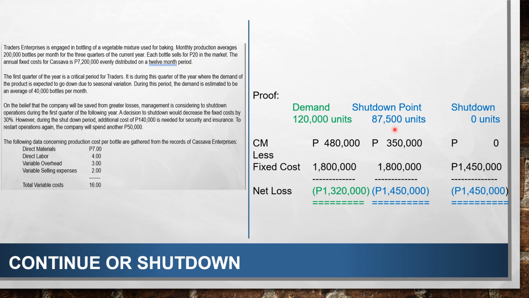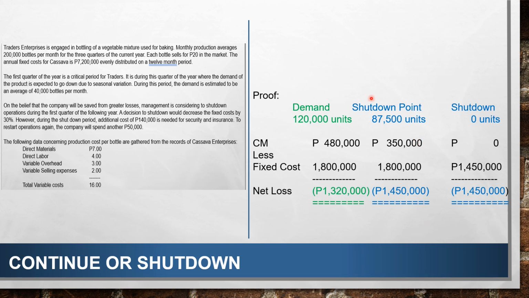Shutdown point is we are indifferent, no? We do not care whether we shut down or we continue with operations because it will still give us the same net loss. If we shut down, we have a net loss of 1,450,000. If we continue at 87,500 units, we have 1,450,000.